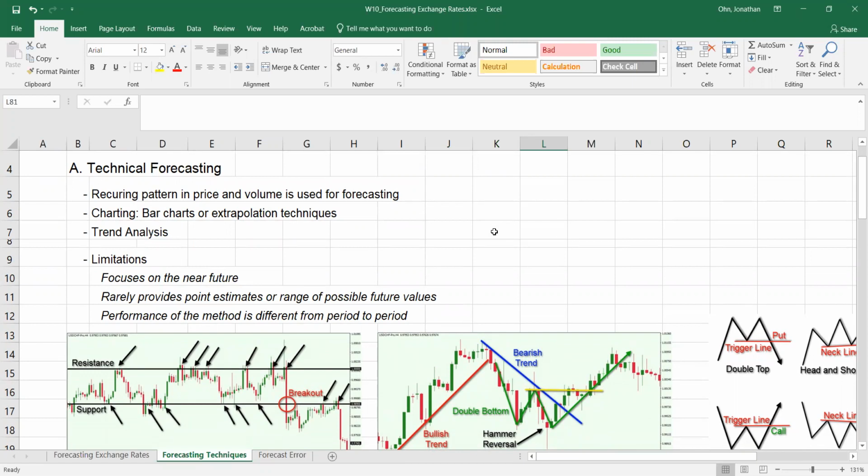They can also use it for their profit or benefit. Foreign exchange investors or speculators use this forecasting for their profit.